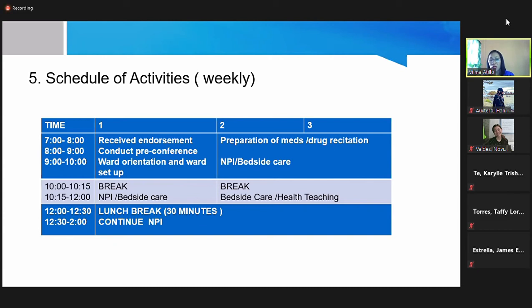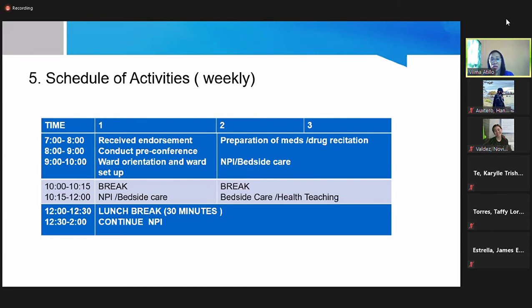So do not complain if your CI will give you 5 patients and the other student will only have 2 patients. Kasi if you have 5, that means you are doing well with your skills and the CI is confident that you can handle the 5 patients.